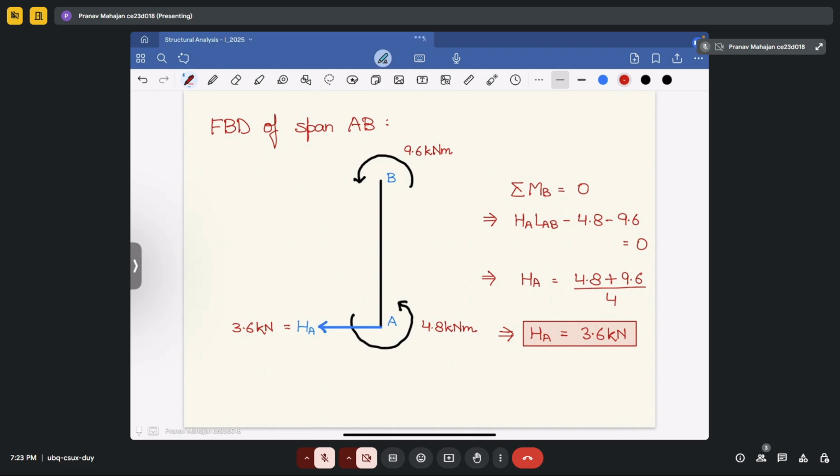Next week, we will wrap up this analysis of indeterminate structures. And finally, we will introduce the flexibility as well as the stiffness matrix method. So in the next 2 weeks, your course will wrap up.